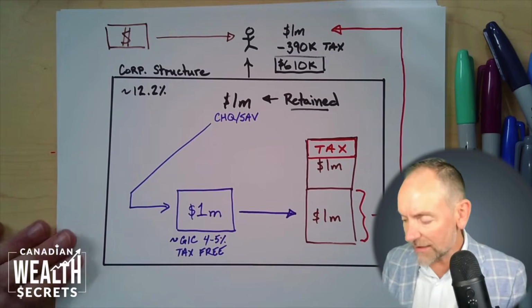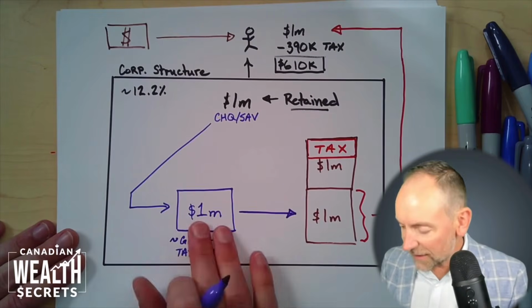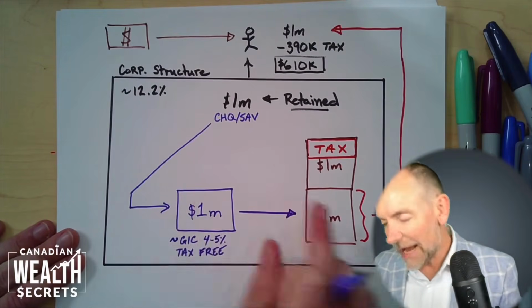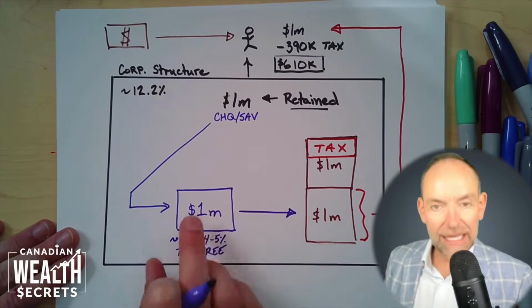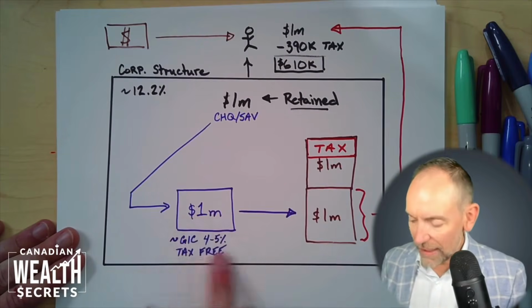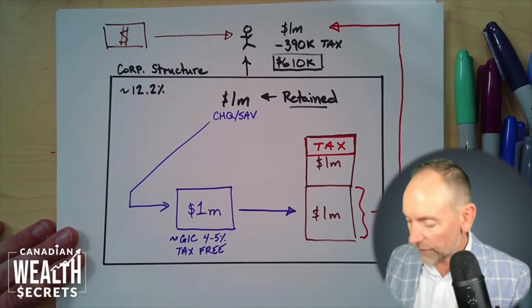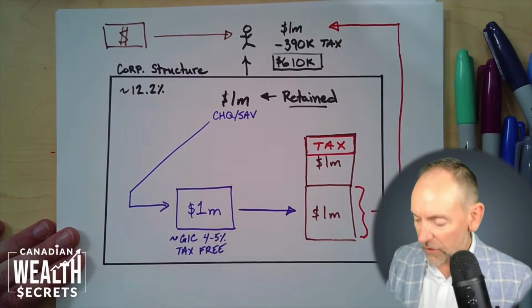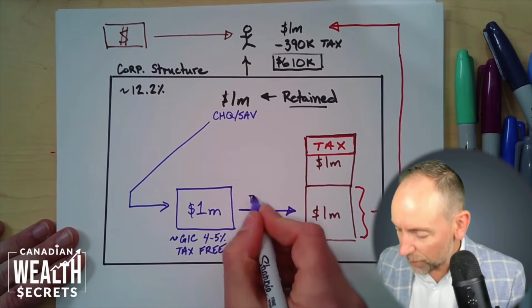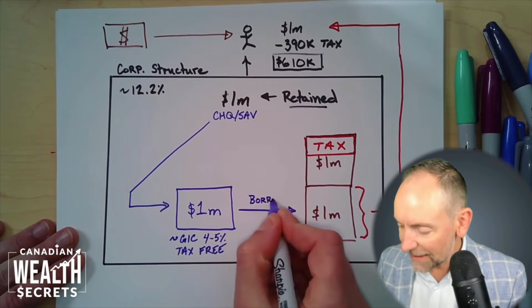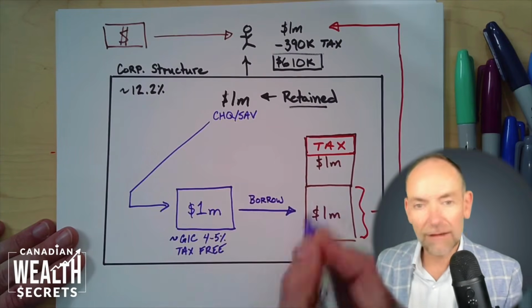The one nuance that I want to share with you is that this is not actually taking the money out. We're going to leave this money in here. It's going to grow tax-free at that 4-ish to 5-ish% rate over the lifetime of this particular structure. And we're actually going to borrow against that bucket in order to make this investment.